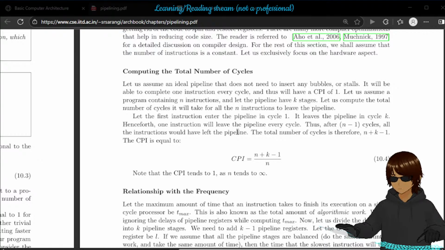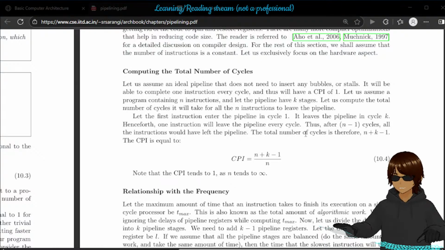Should it be that in n minus 1 cycles, the last instruction enters the pipeline, right?